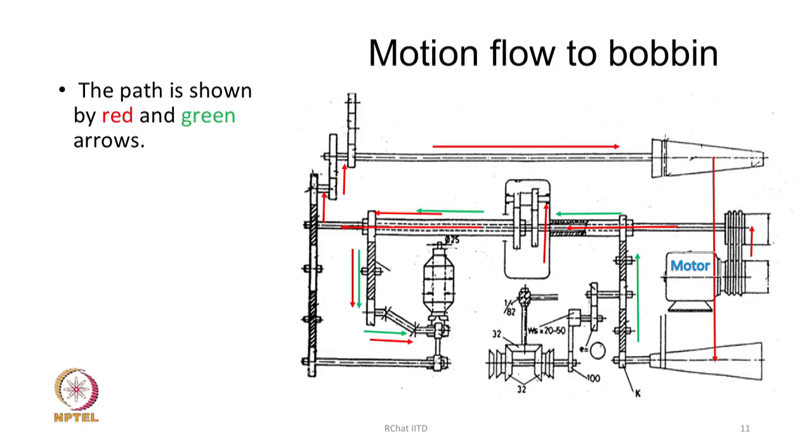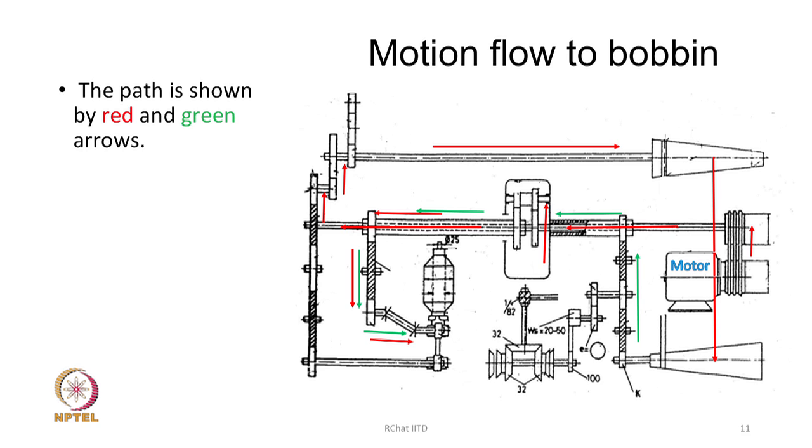The other important motion flow is about the bobbin, also shown in this diagram. If you try to trace the path of the motion to the bobbin, you see that this path is a little complicated. From the motor, first of all it goes to the pulley, which is basically the central shaft, and then from there it goes straight to the top cone drum.